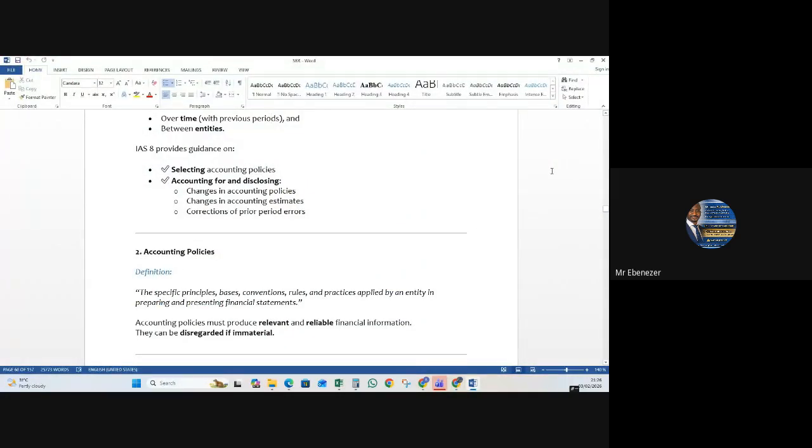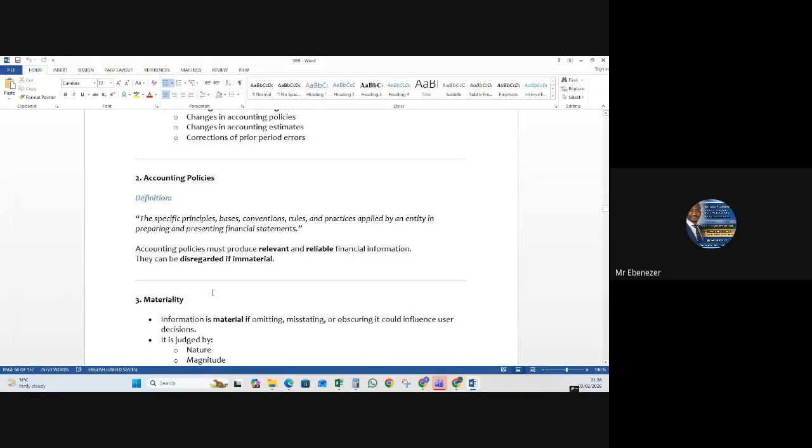So these policies are to ensure that we have relevant and reliable information. And of course, where the policies are immaterial, you can disregard them, where the policy does not change anything. Now, when we're talking of materiality, materiality has to do with substance, and information that if you omit it, it will definitely affect your financial statement.